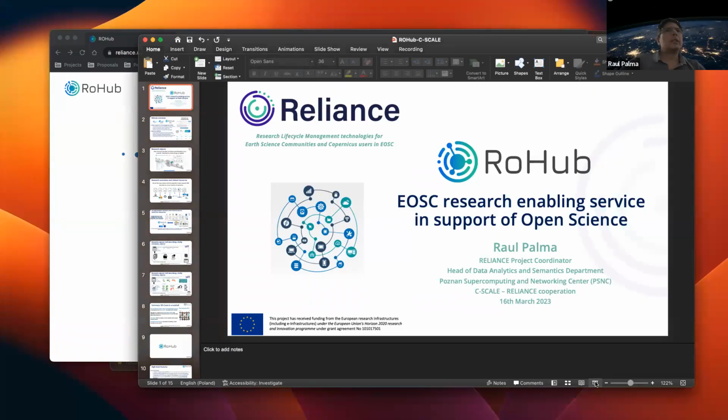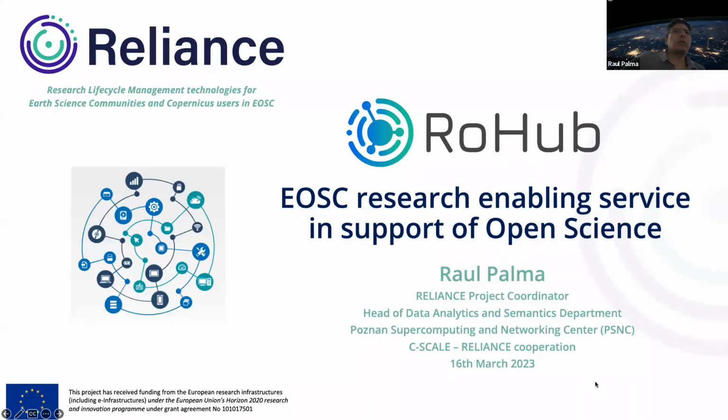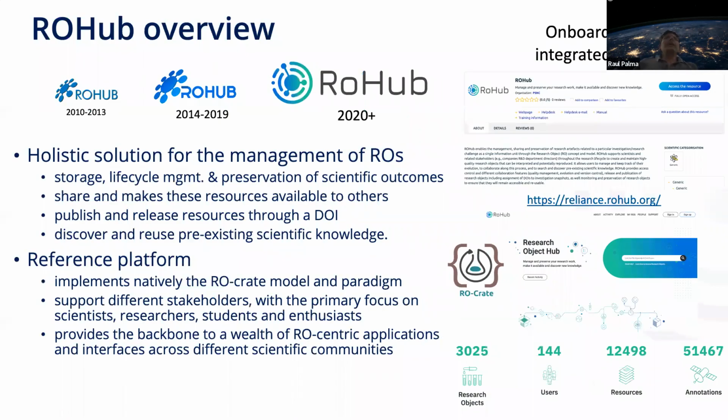Basically, RoHub itself is a solution for the management of research objects. It provides all the different functionalities for the storage, lifecycle management, and preservation of research objects. You can also share and make these resources available to others, and publish and release them using DOIs, so we are generating DOIs too.